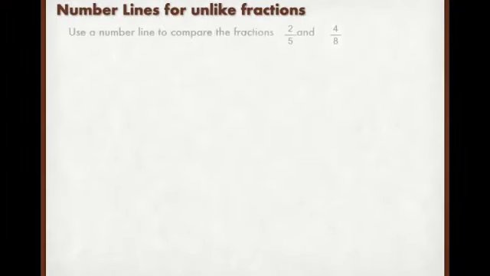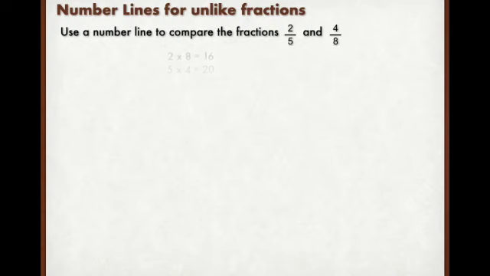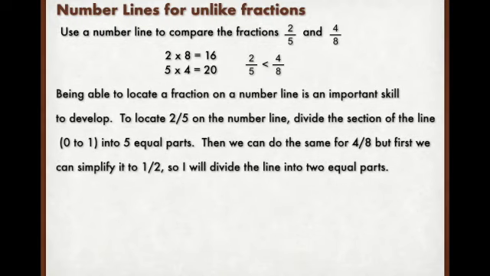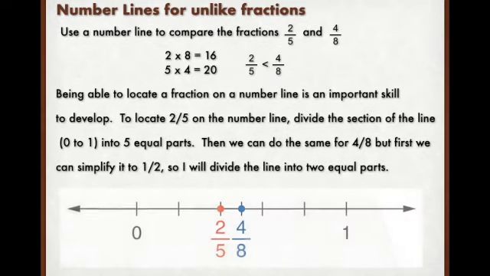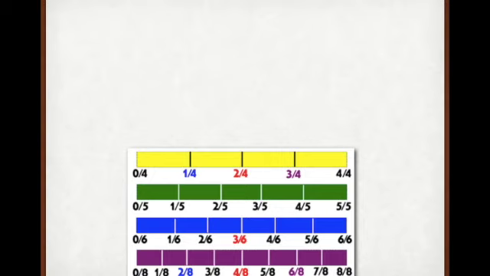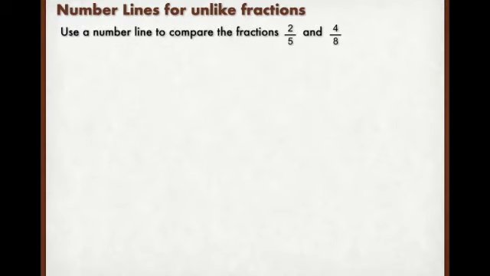Now, this is the last part of the section, creating a number line for unlike fractions. Now, if I have these two fractions, I'm going to compare them, but then I want to go back, sorry. I want to go ahead and place these on a number line. So really I want to identify the parts.